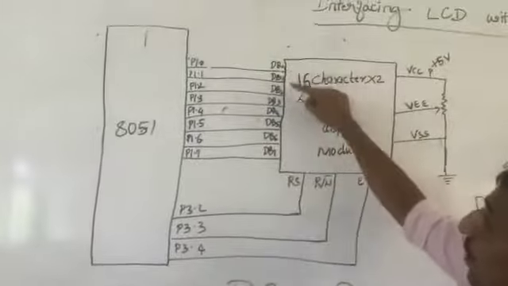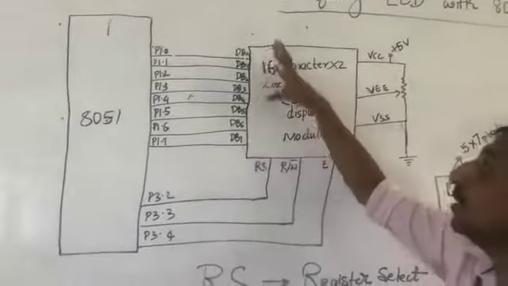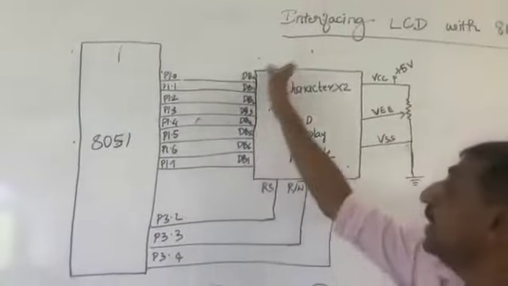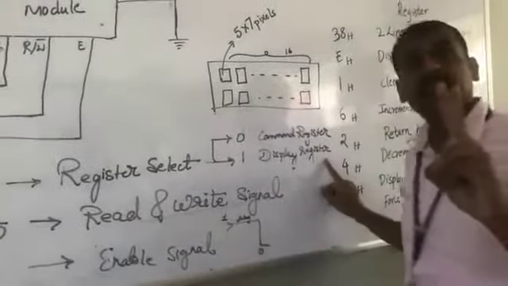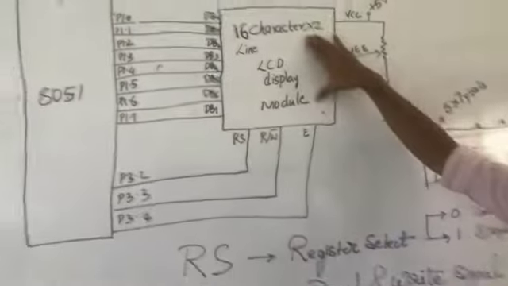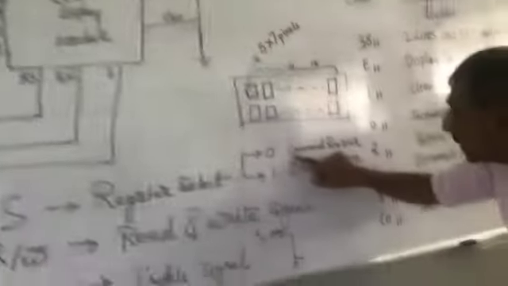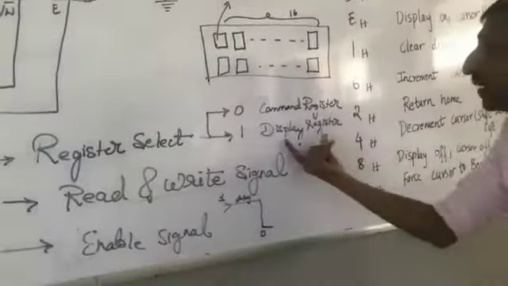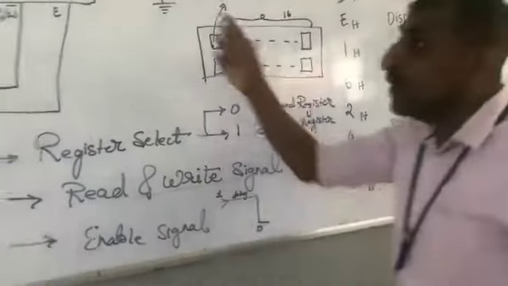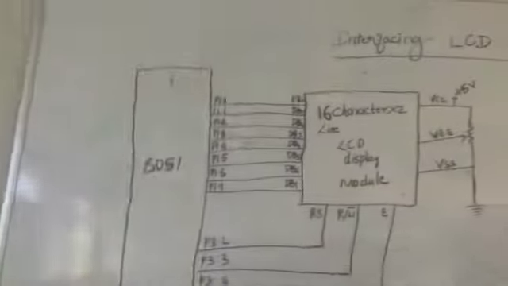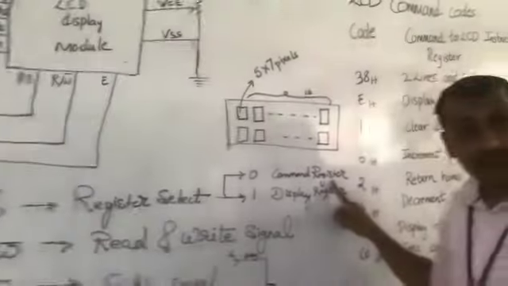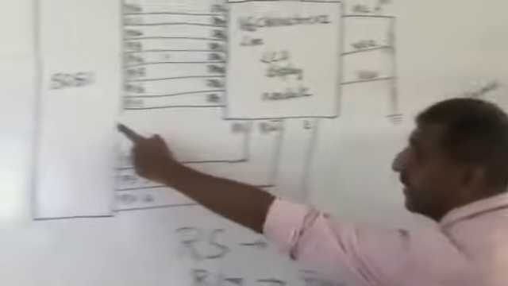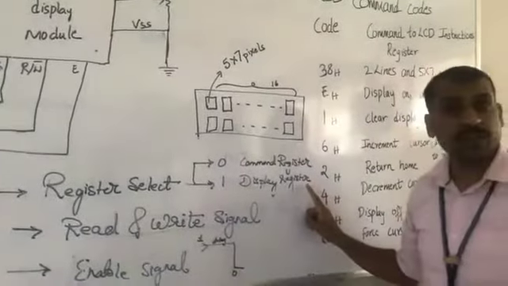Means it says that whatever data is going to come on DB0 to DB7, this 8-bit data, put it into the display register. There will be 2 types of registers in the LCD display: either the command register or the display register. If you are sending a command, you should ensure that it gets into the command register of the LCD. If you are sending data, you should ensure that it gets into the display register, right?